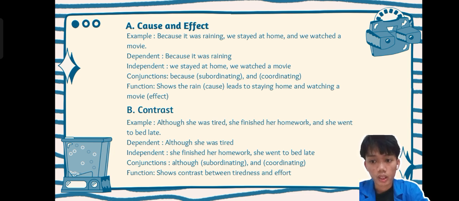The subordinating conjunction although introduces contrast, and the coordinating conjunction and connects the two actions. The sentence clearly contrasts her tiredness with her determination, an effective way to show opposing ideas.